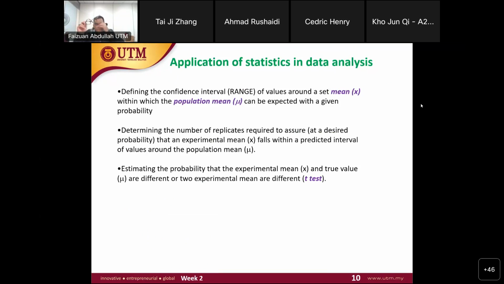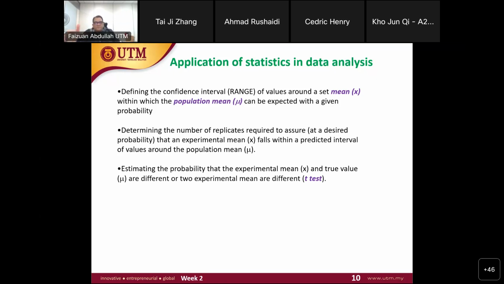Now, the application of statistics in data analysis: defining the confidence interval, the range of values around the mean within which the population mean can be expected with a given probability. Then determining the number of replicates to assure the desired probability, and also estimating the probability that the experimental mean and true value are different, or two experimental means are different.